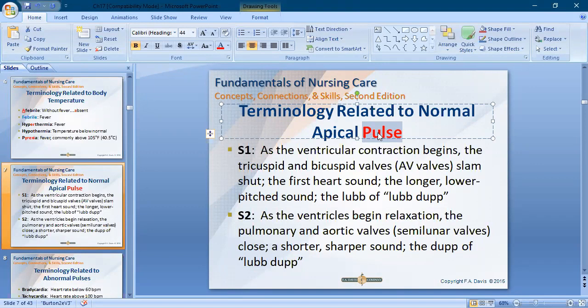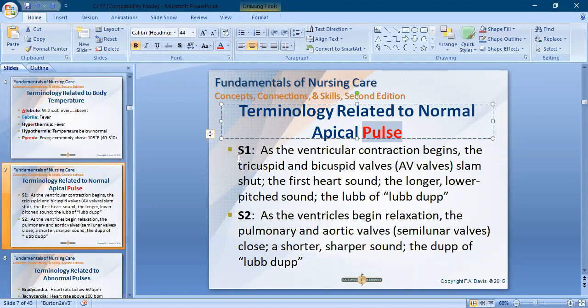Something related to the pulse is called S1 and S2. The heart produces two sounds. One is called S1, the other is called S2. It is the two-way lub dub, lub dub. S1 and S2 are produced during the closure of valves. Inside the heart there are four valves, right?